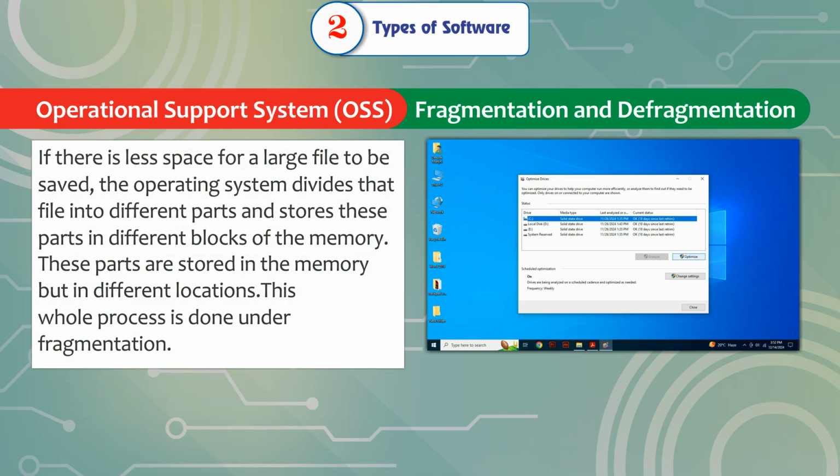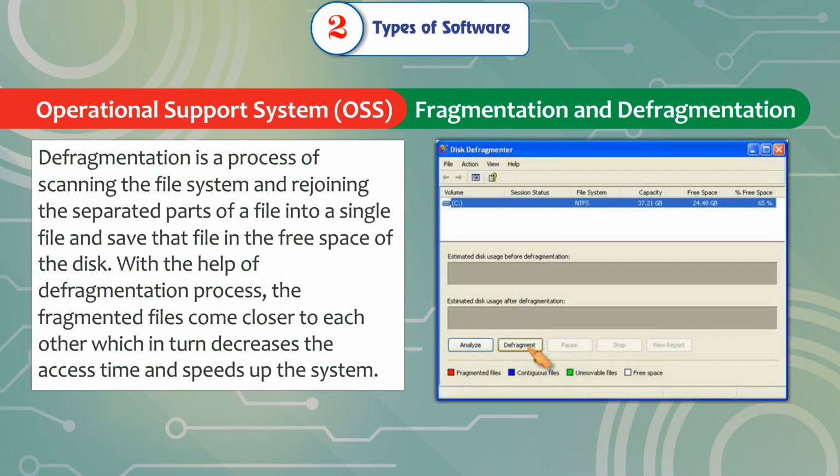If there is less space for a large file to be saved, the operating system divides that file into different parts and stores these parts in different blocks of the memory. These parts are stored in the memory but in different locations. This whole process is done under fragmentation.